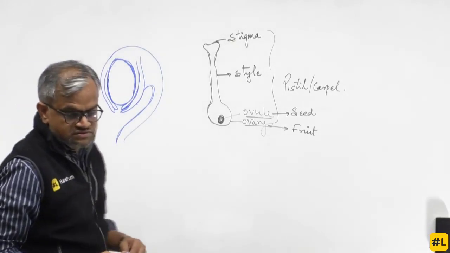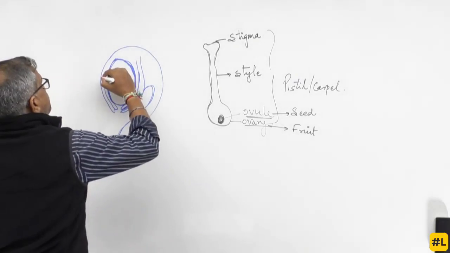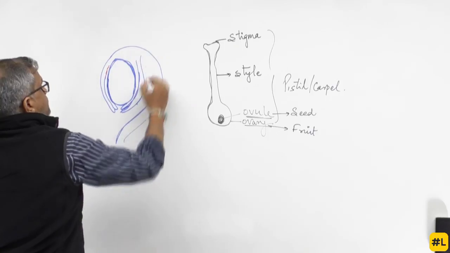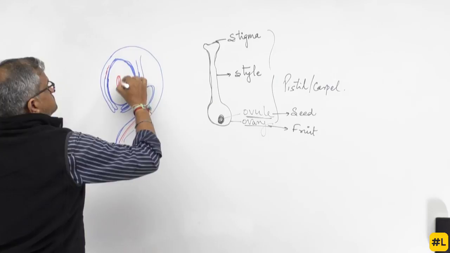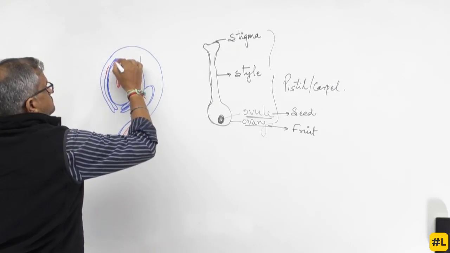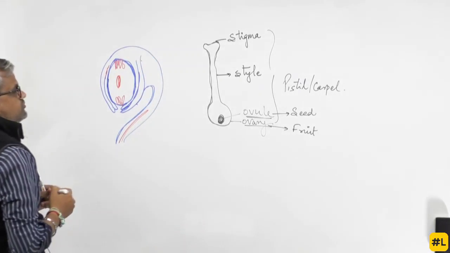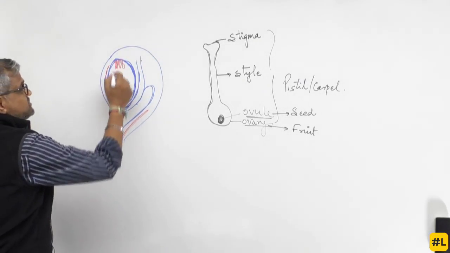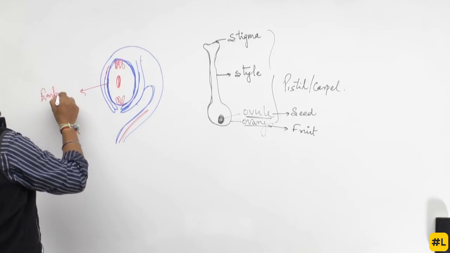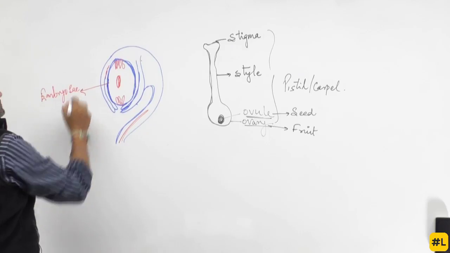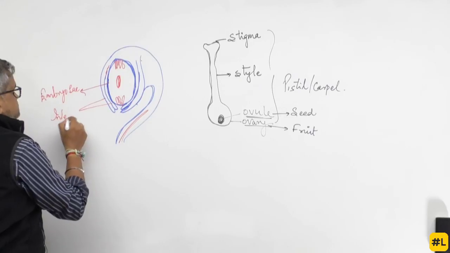This is something you have to understand. This central core structure is called the embryo sac. These are the two integuments.